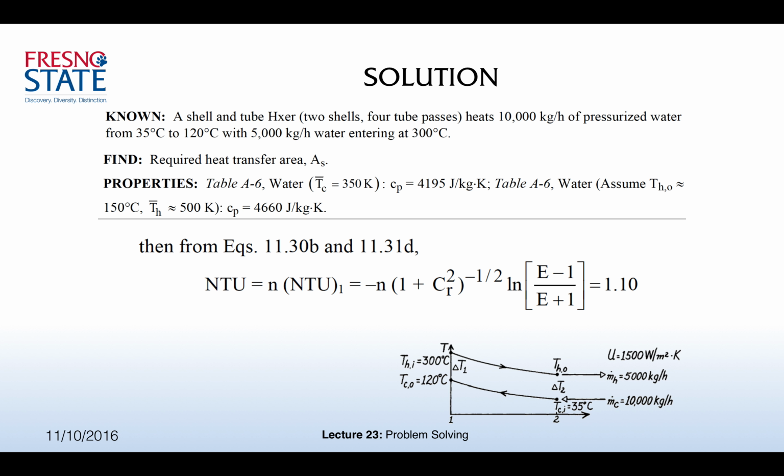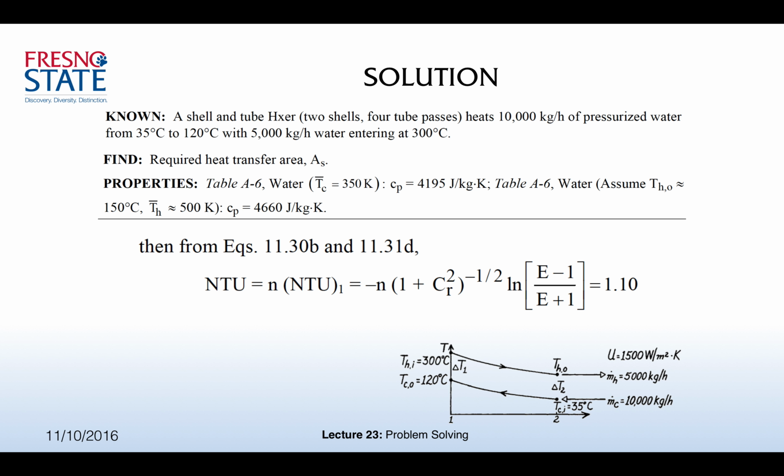So my NTU is N times minus 1 times 1 plus CR squared, and this bracket is to the power of minus half, multiplied by the natural log of the ratio E minus 1 over E plus 1. We have everything. We have our E, we have our CR, we have the N equal to 2, the number of shell passes. Therefore, the NTU for my heat exchanger is 1.1.